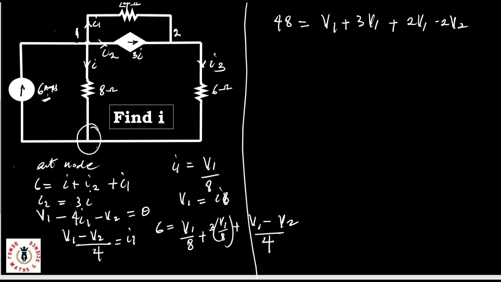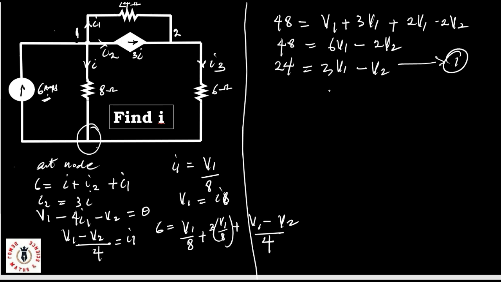So 48 is V1 plus 3V1 plus 2V1, that's 6V1, minus 2V2. Now, there's a common factor of 2 between all of them, so I can reduce this equation to 24 is equal to 3V1 minus V2, to reduce the complexity of the equation. Let's call this equation 1.